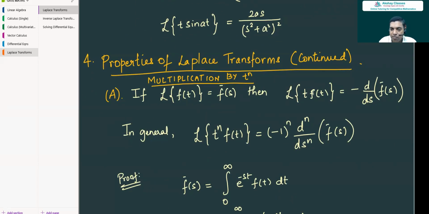So if I multiply the function once with t, I differentiate the Laplace transform once with a minus sign. If I multiply with t power n, it is (minus 1) to the power n times the nth derivative of the Laplace transform of the original function. So multiplication by t gives us that.